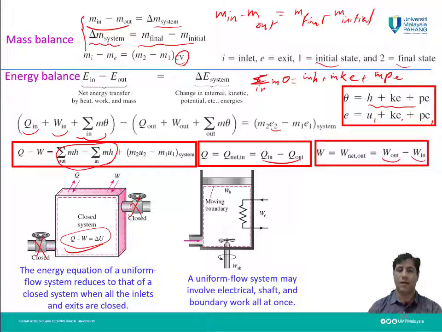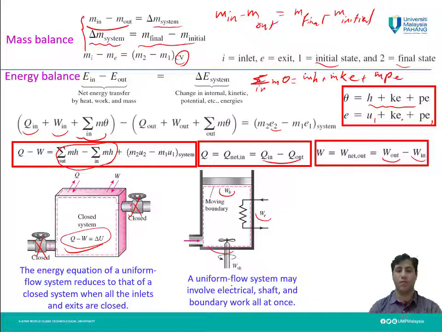And you need to notice also for control volume, especially for unsteady control volume, we may have different types of works like boundary works, electrical work, or shaft work.